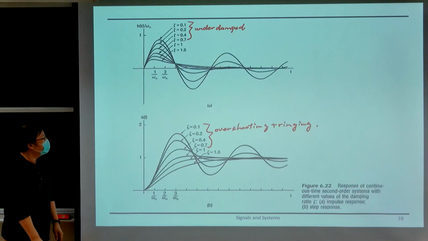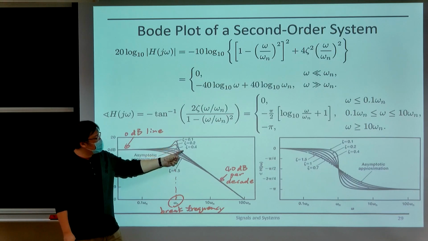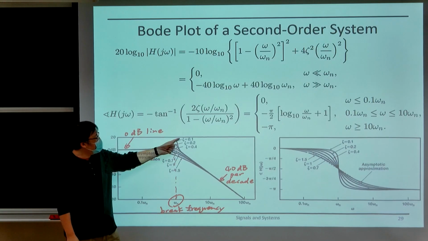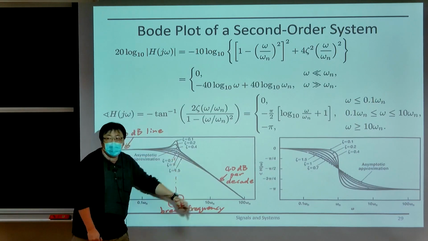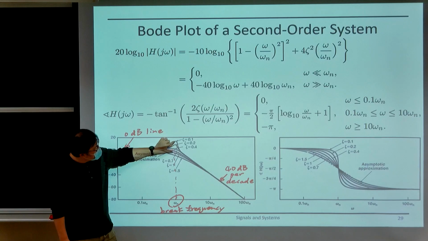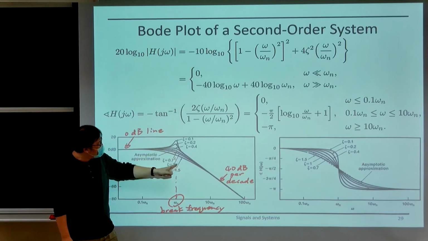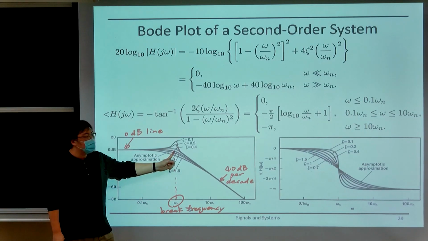Okay, and in fact, if you compare the solid lines here for different values of zeta and the two approximate lines that we get, you can see that there is a larger and larger discrepancy as zeta becomes smaller and smaller, right?